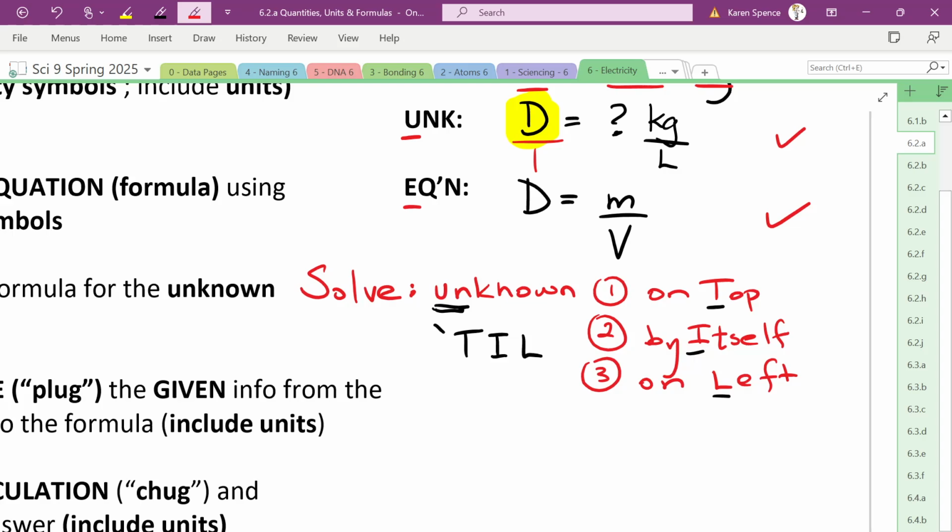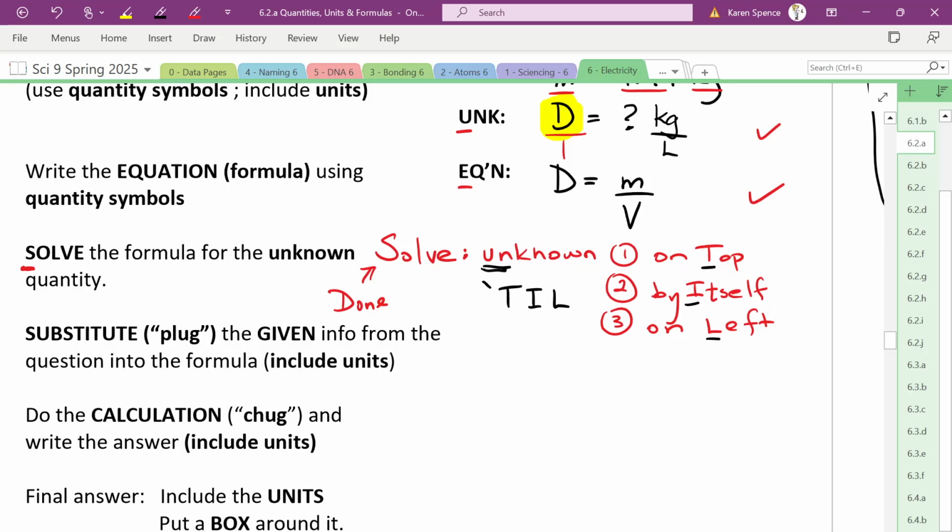Is D by itself on the one side? Yes, it is. Is it on the left? Yes, it is. So we don't need to do any of that. That step is just done and we don't need to worry about it. This one in this question is done.